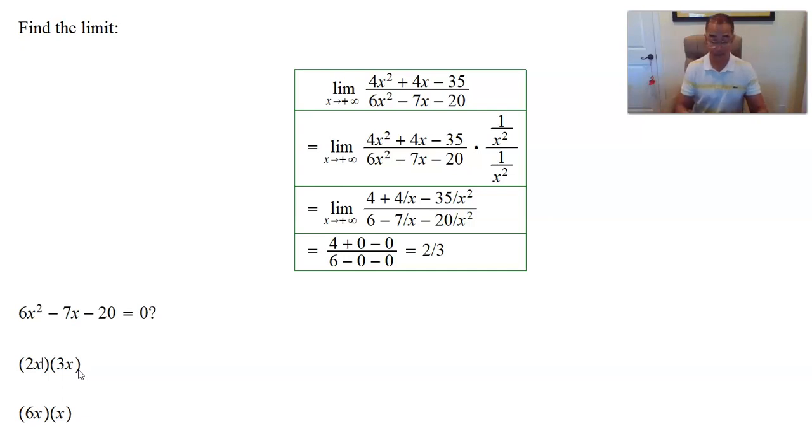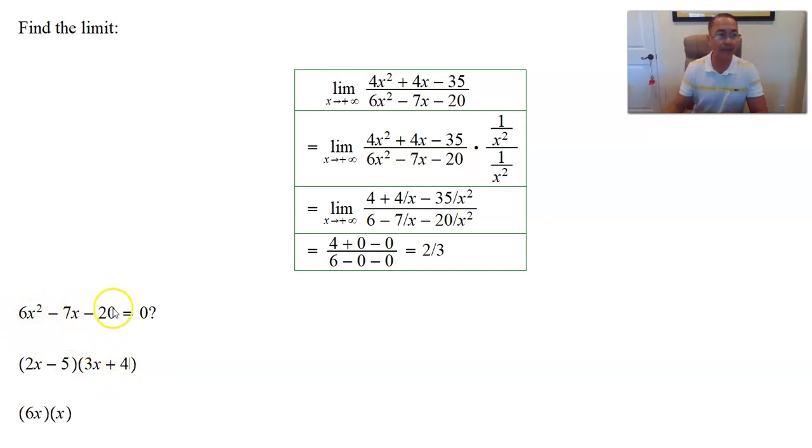So let's see, lots of ways to factor minus 20. How about trial and error? Minus 5 and 4. Let's see. Yes, I feel lucky. 2x minus 5. Negative 15 plus 8. Yep, that is negative 7.